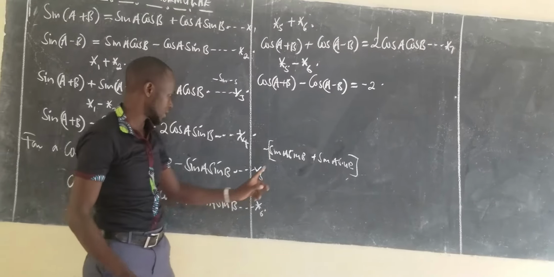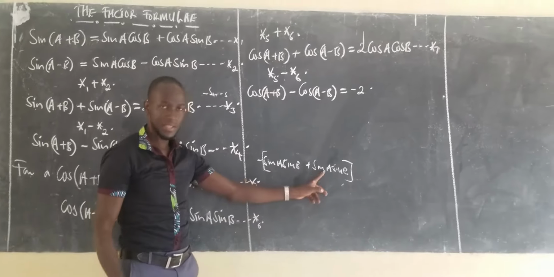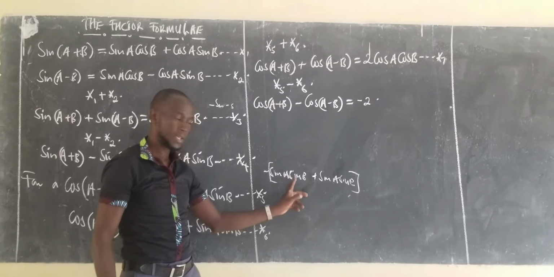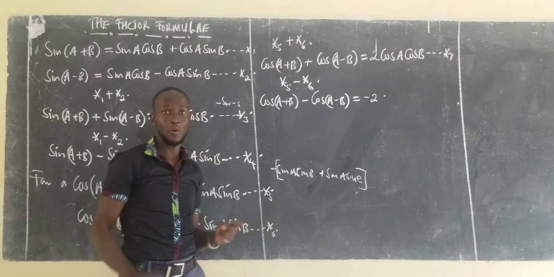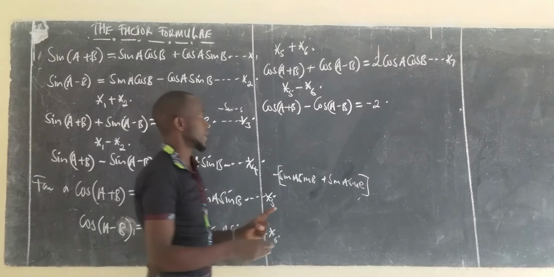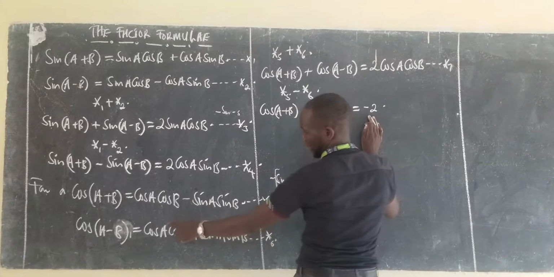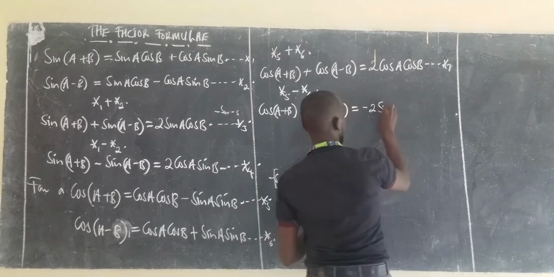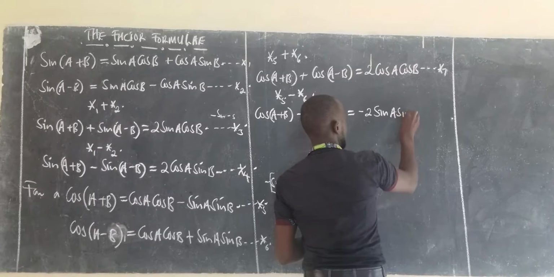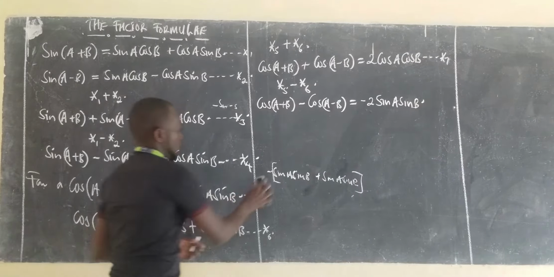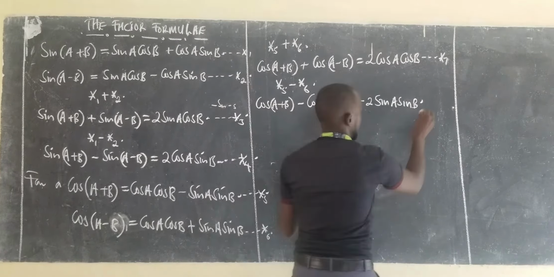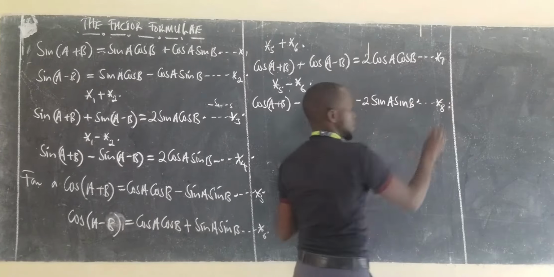It will be this one plus this, giving you twice of sine A sine B. But remember, there is a negative outside the bracket that will multiply to form negative 2 sine A sine B. That's why I'm having negative 2 sine A sine B. Call this one another equation, which is now equation 8.